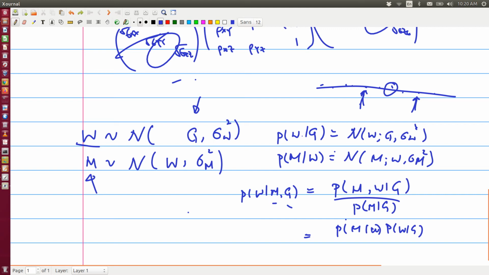If I want to write it more clearly, this will always hold. This is just Bayes rule again. But because of the Markov property, given W, when trying to estimate M we don't need to know pi, so that is gone.